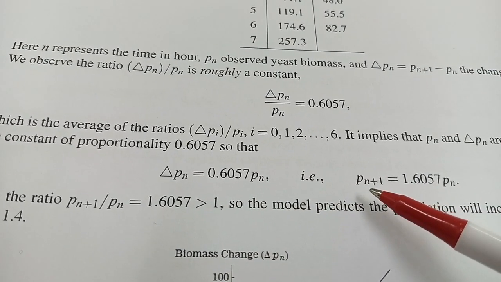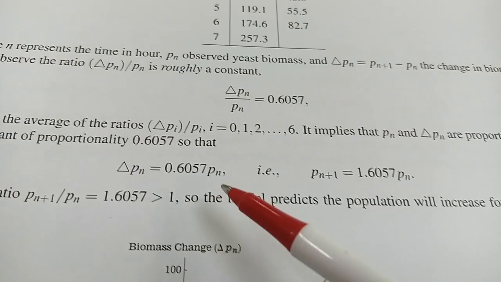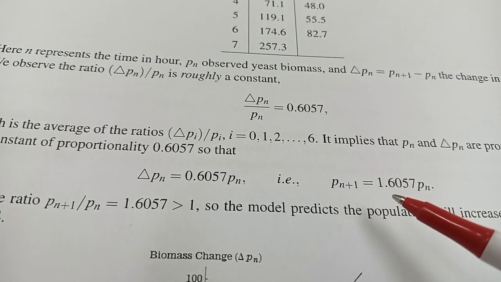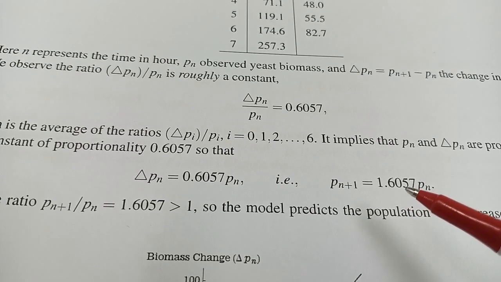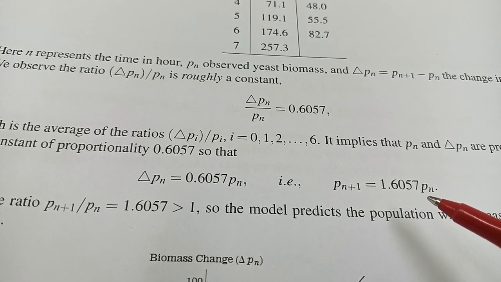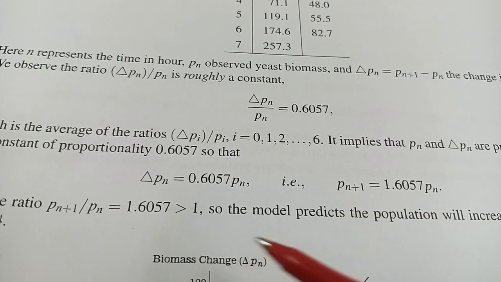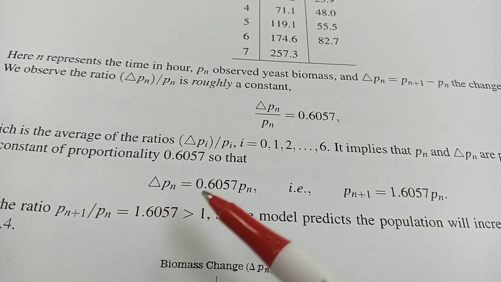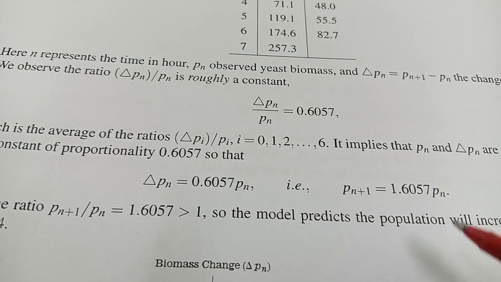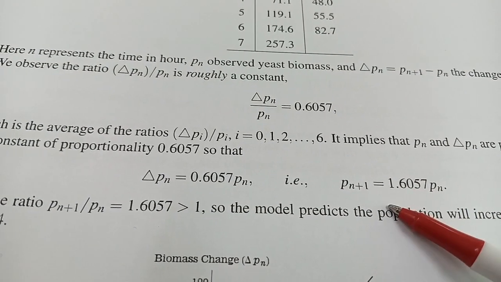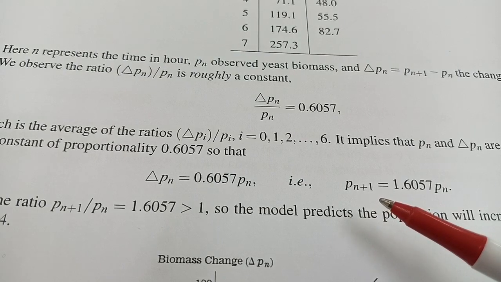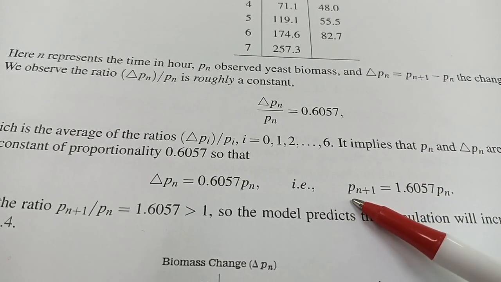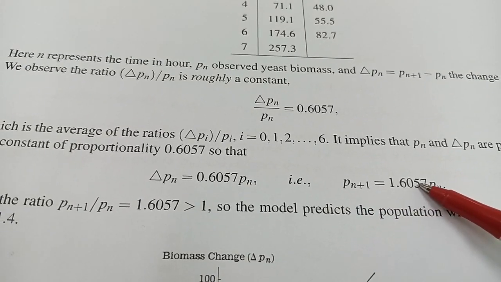When we rearrange it in the form of P sub n plus 1, it becomes 1.6057 Pn, since delta Pn is Pn plus 1 minus Pn. Try to do it as we constructed in the earlier example, so we should be able to get this equation.